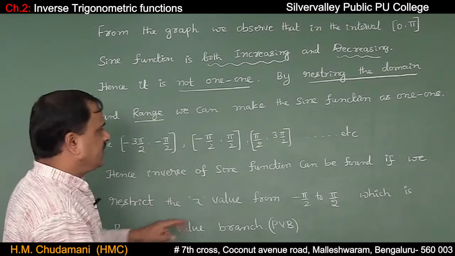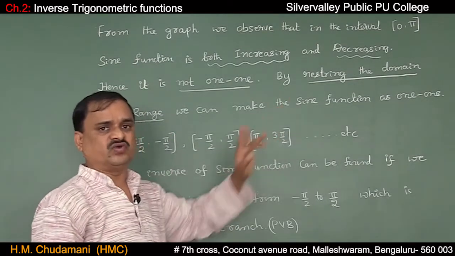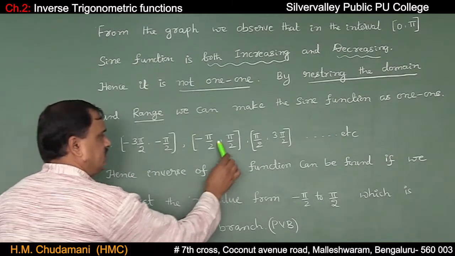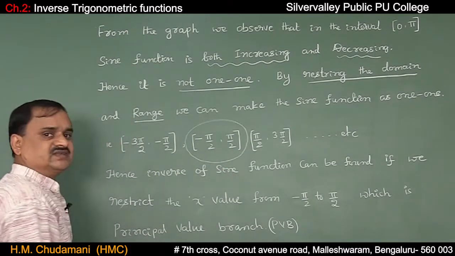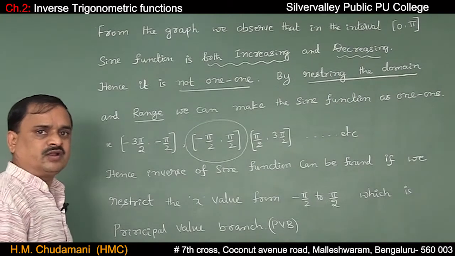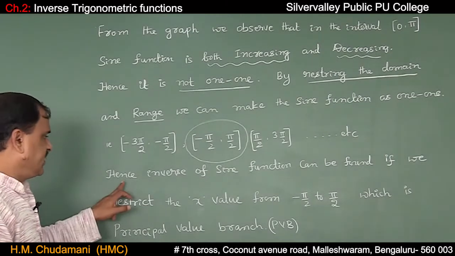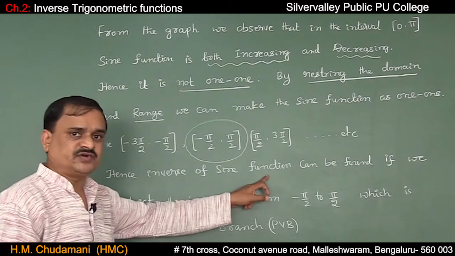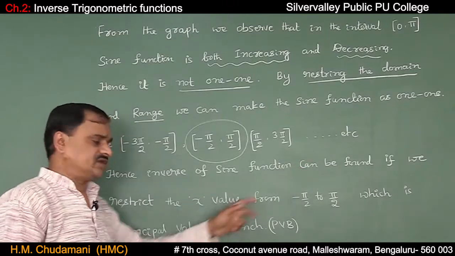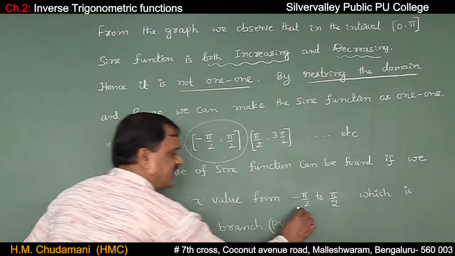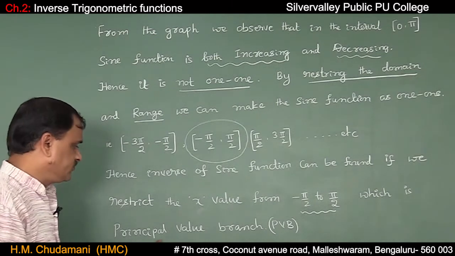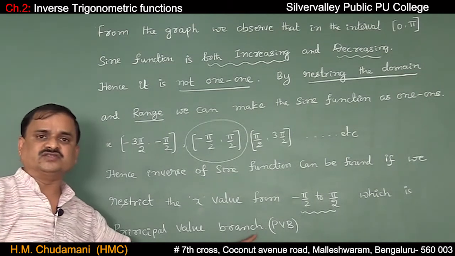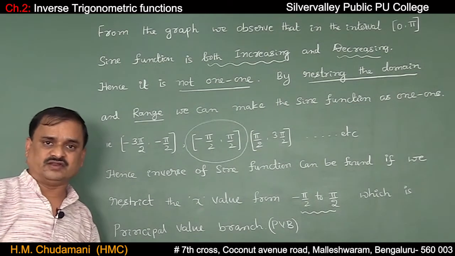We can make the sine function one-one in this interval, and the least value is considered as the principal value branch. Hence, the inverse of the sine function can be found if we restrict the value of x between minus pi by 2 to plus pi by 2, which is known as principal value branch, PVB.